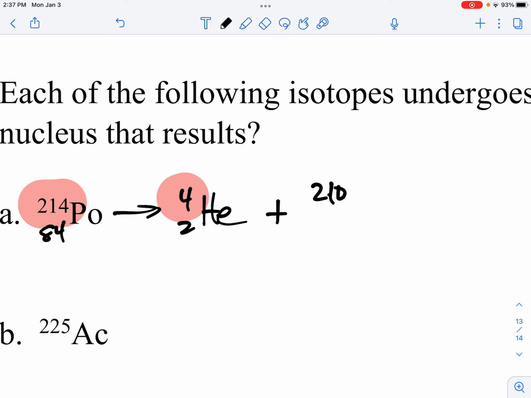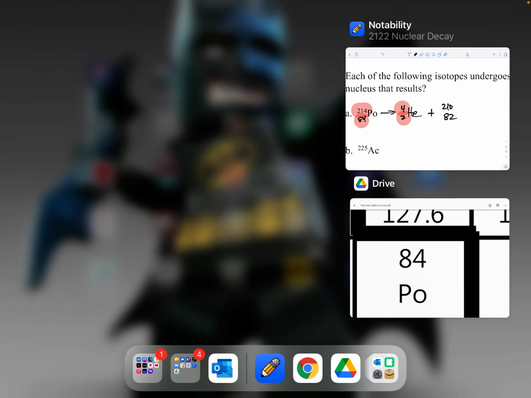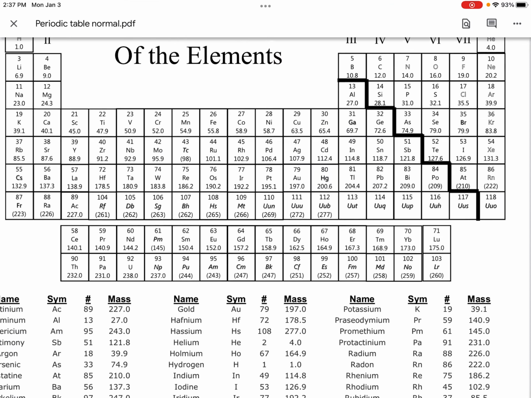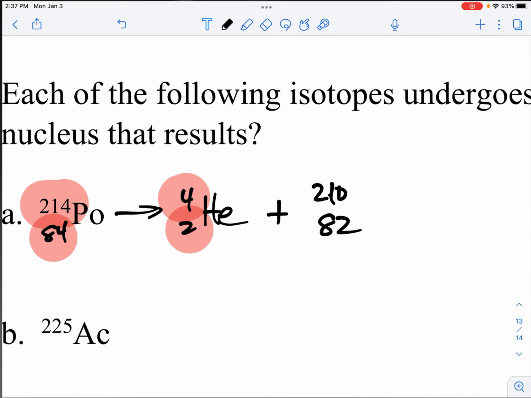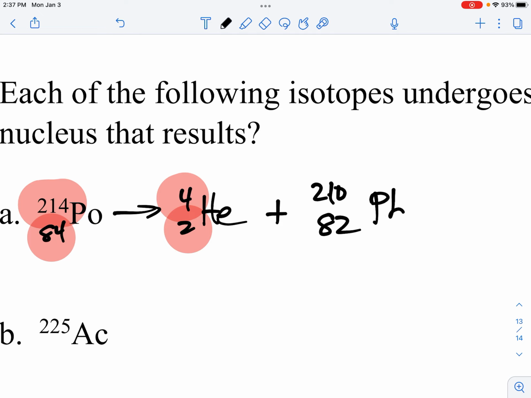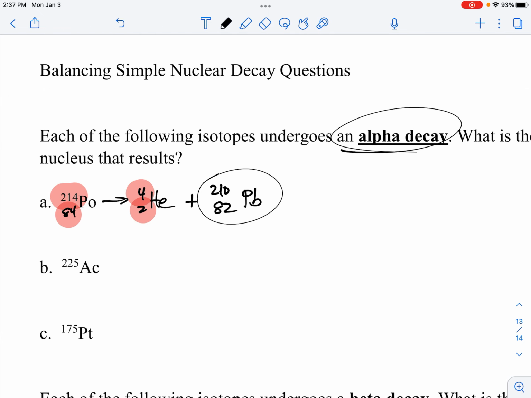And then I had 84, and I lost 2, so that's going to put me at 82. And now all I have to do is look up what element that is. And element 82 is the element lead, Pb. So this here is Pb. So lead-210 is the daughter nucleus that comes from an alpha decay from a polonium-214.